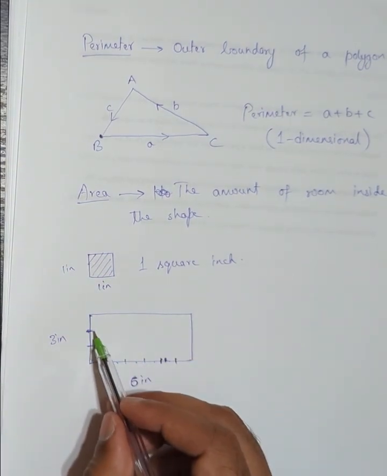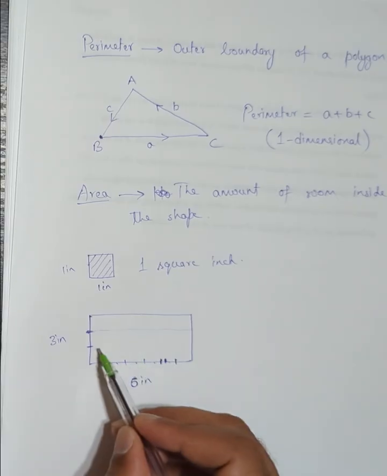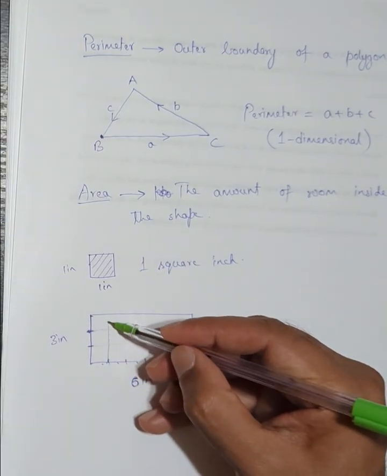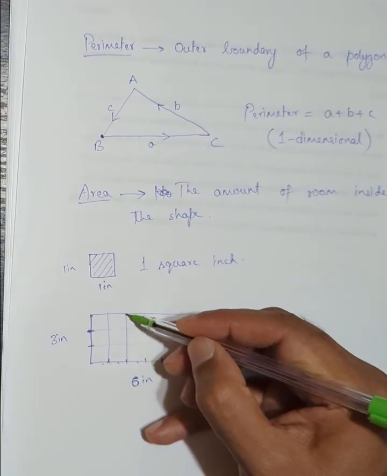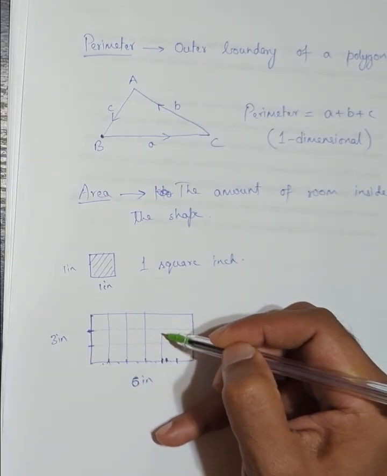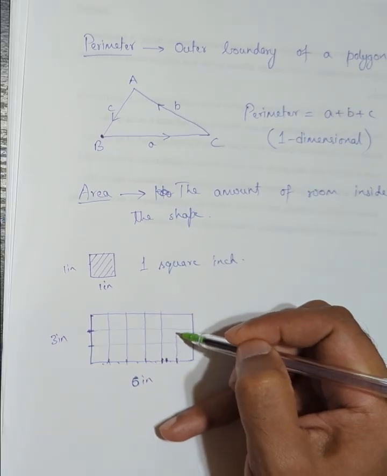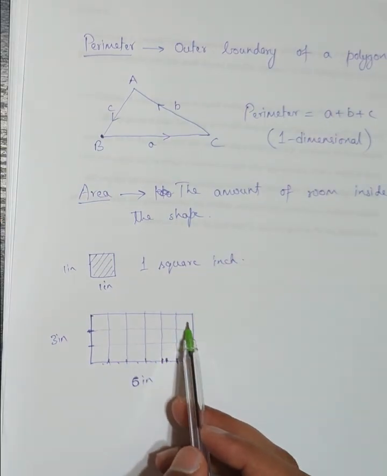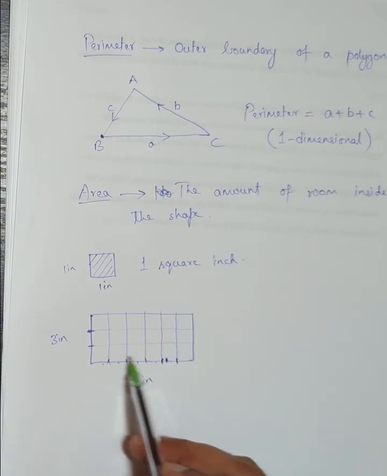And notice that the amount of room you have is given by simply adding up all these smaller squares inside. So this is going to be 1, 2, 3, 4, 5, 6, and then again 6 here and 6 again.